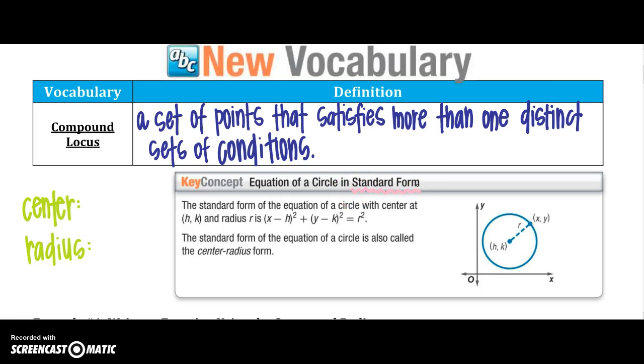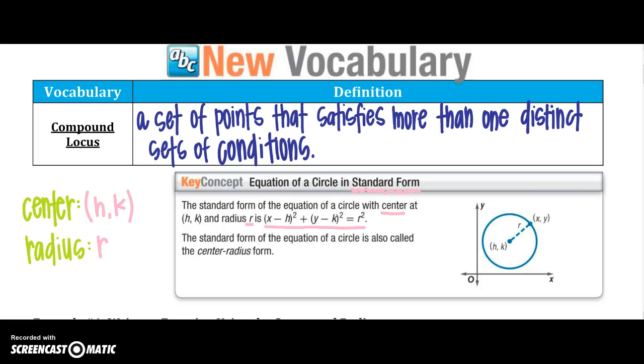The standard form of an equation of a circle has a center at (h, k). h and k will be our variables, and the radius is going to be r. So then we have our equation: (x minus h) squared plus (y minus k) squared equals r squared.